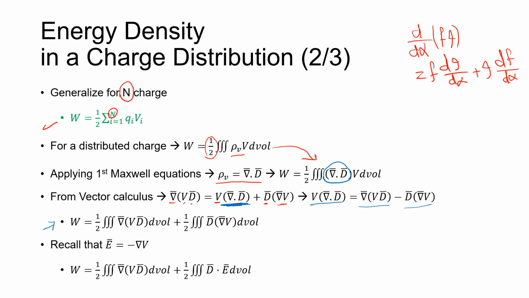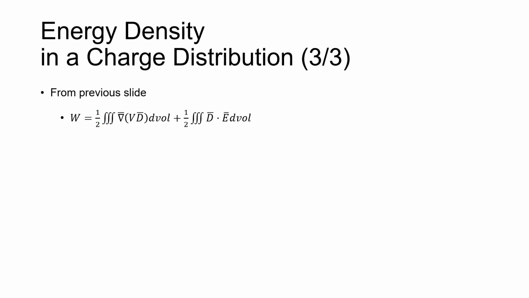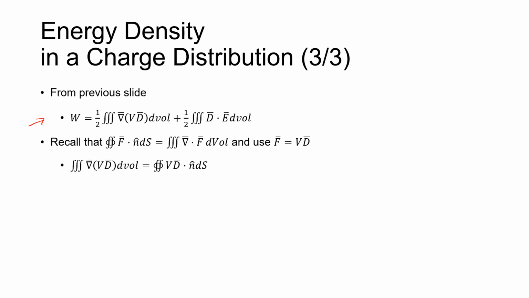Let's have another recall from the potential gradient: E equal to minus gradient of V. Substituting with this in the equation here, you get that W equal to half the triple integral of nabla dot VD dv plus D dot E dv. So this is what we got in the previous slide, and let's use the divergence theorem.